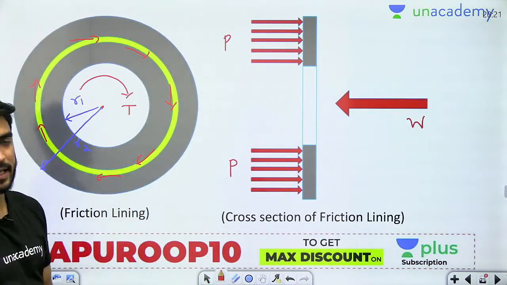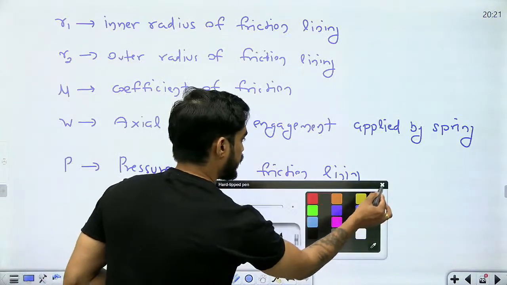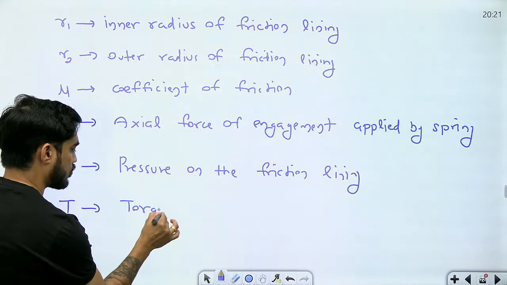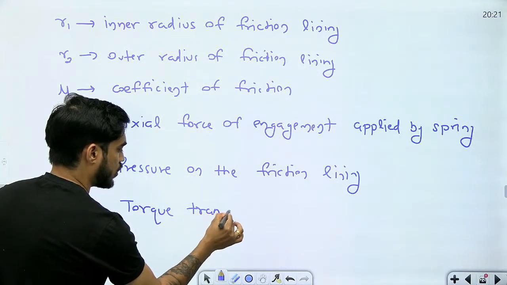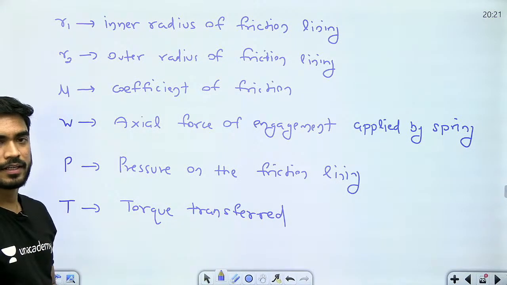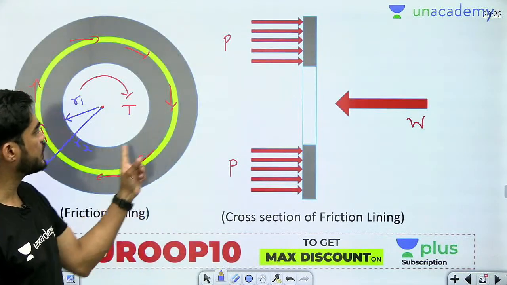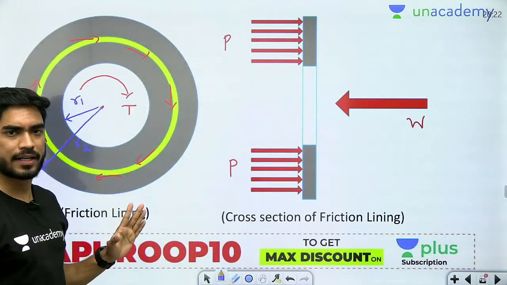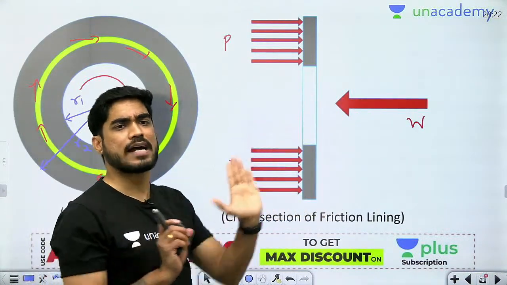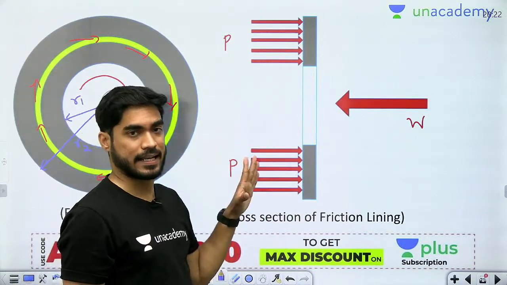This friction force will apply torque on the friction lining. So T is the torque transferred. Now understand, in order to transfer the maximum amount of torque, I will apply the maximum amount of W, as much W as I can apply, as much pressure as it can sustain.